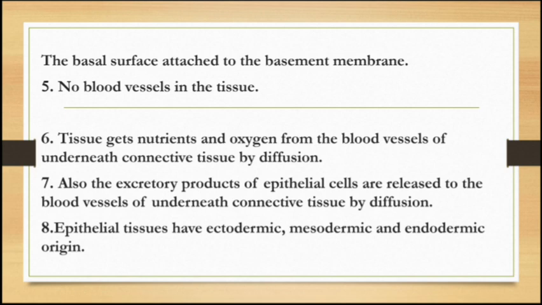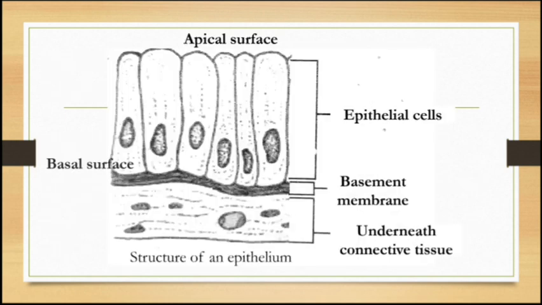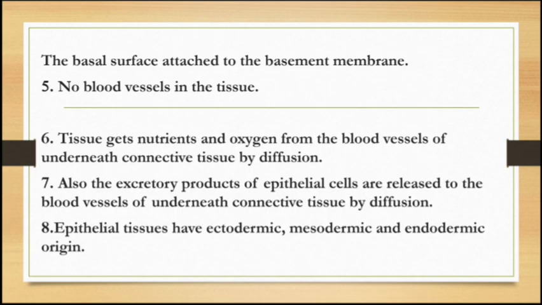The underneath connective tissue contains blood vessels, but there are no blood vessels in epithelial tissues. So, epithelial tissue cells get nutrients from the blood vessels of the underneath connective tissue by diffusion. Also, the excretory products of epithelial cells are released to the blood vessels of the underneath connective tissue by diffusion, in the same way.